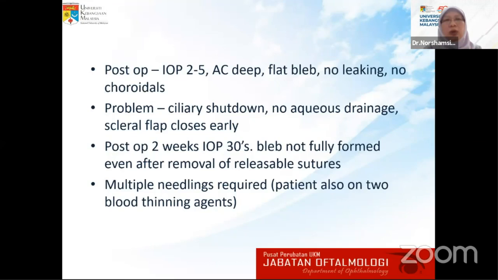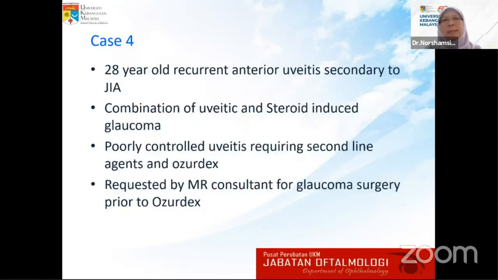However, even on post-op day 1, he was hypotonous. The AC was deep and the bleb was flat, but even so, the pressure was still low. Because of this low pressure, there was no aqueous egressing through the bleb, and this could not form the bleb. And as early as 2 weeks, the pressure was really high, and we required needling.